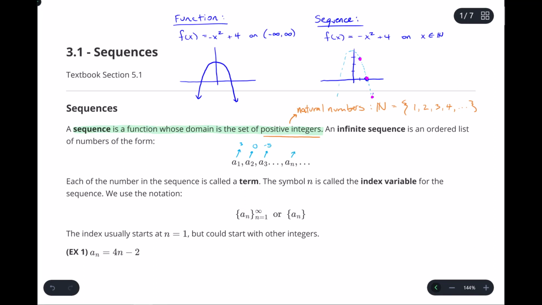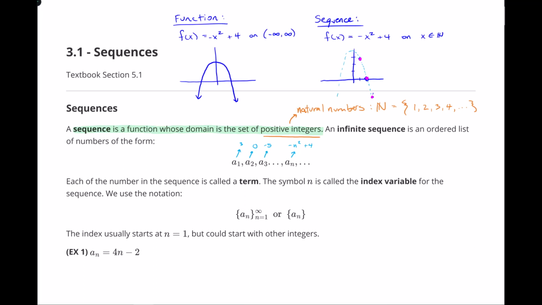And the nth term is negative n squared plus 4. We do tend to use n as the index variable here instead of x. X is generally defined as a real number from negative infinity to positive infinity. N, however, is restricted for use with functions of this restricted domain to just the positive integers.